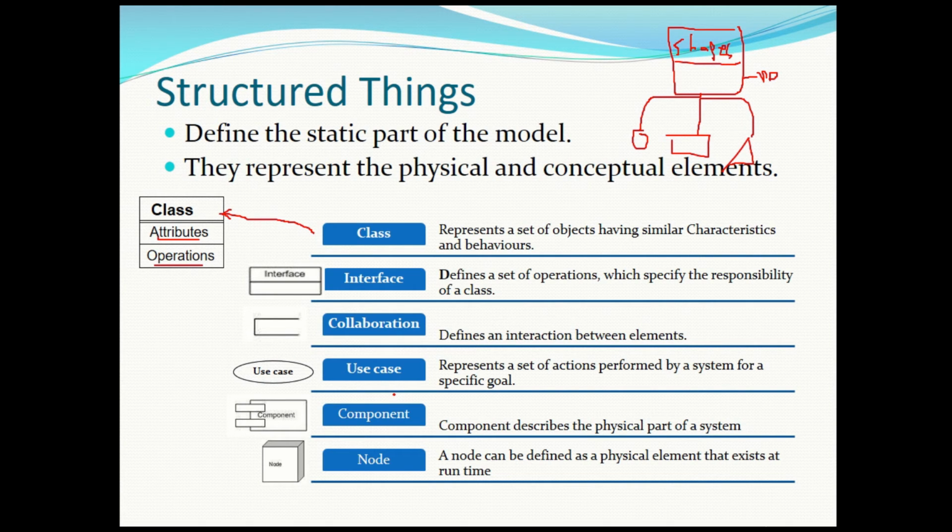Before the runtime, it will not exist, and after the run ended, maybe some of them will stay. But I mean, a node defines a physical element that exists after the run. So a component defines a physical object in the system that exists before the run and will exist after the run. But the node defines the physical element that exists at the runtime only.